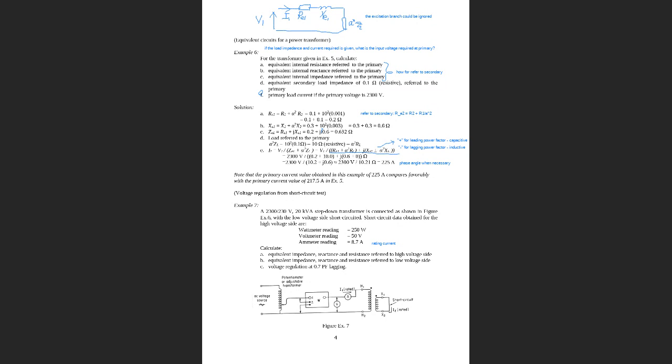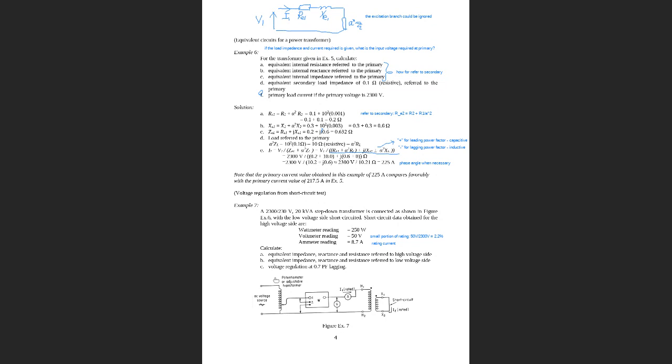Not 4%, 2.4%, something like that. Okay, just about 2.2%. So a very small portion. Look at here. So this is the rating voltage and current.